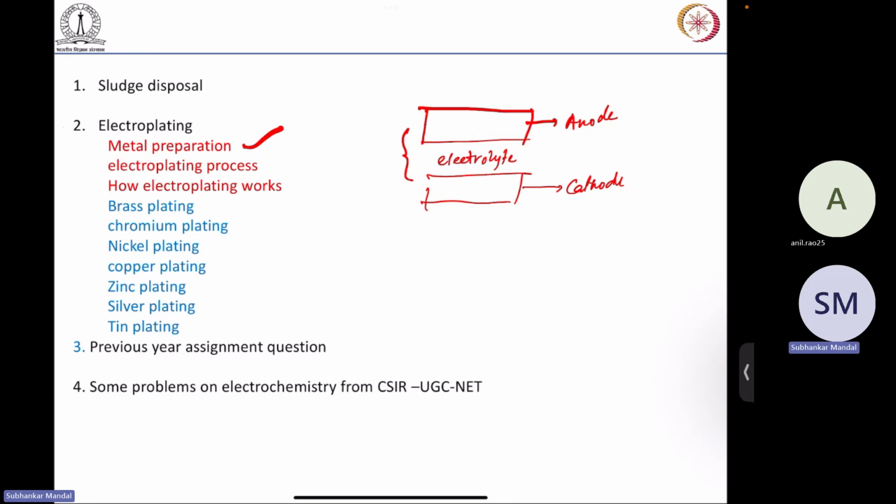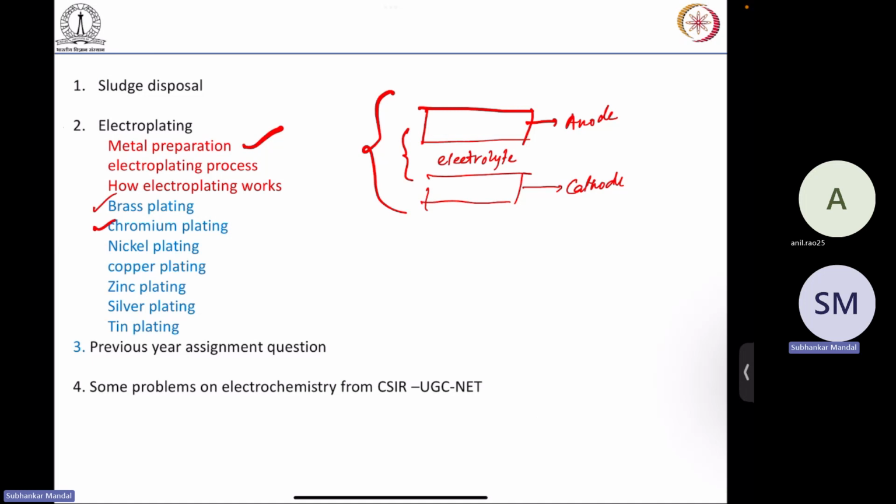We have discussed how to do the electroplating process and how it works with two electrodes close to each other, so that you can do the plating on the cathode as well as the anode. We used different types of materials to plate on some other substrate, such as brass plating and chromium plating.